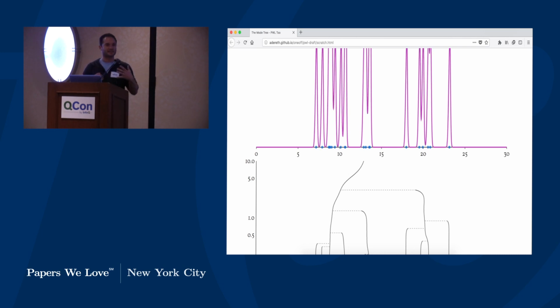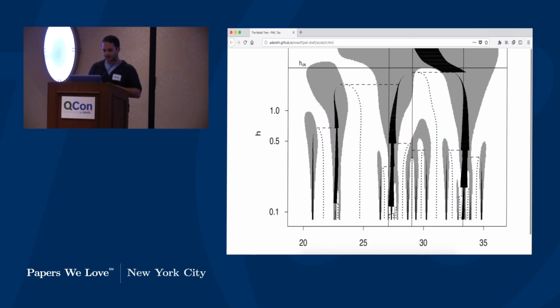And what it's doing is showing us where the data is concentrated. In the actual algorithms that they were using when they developed this, they have statistical tests for each of the mode splits to determine whether or not it's significant. So they then go a little wild with the visualization.